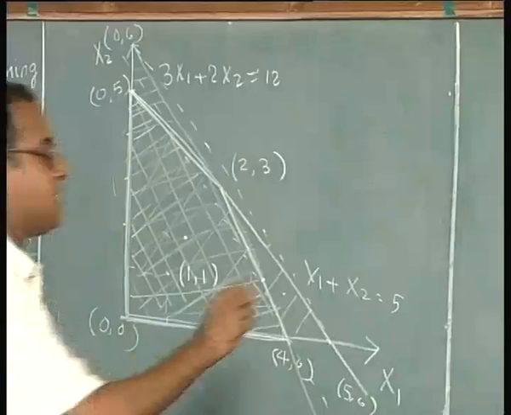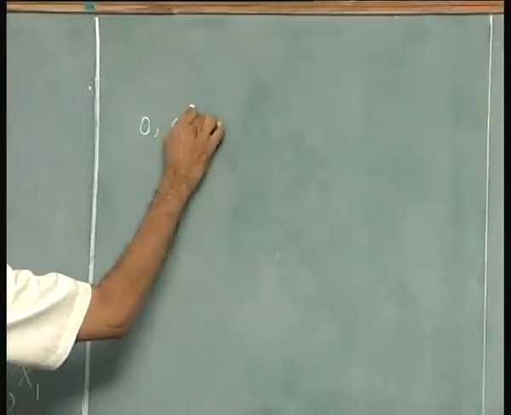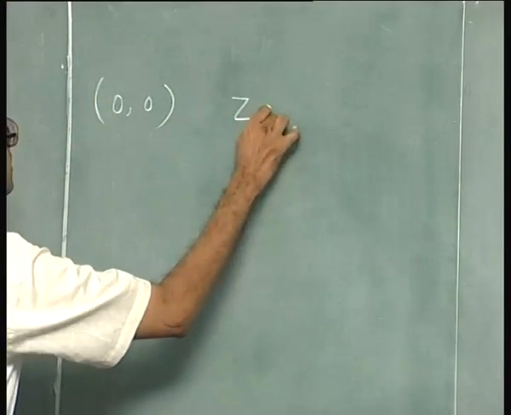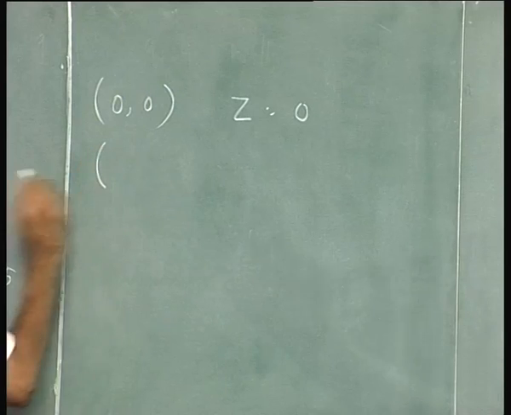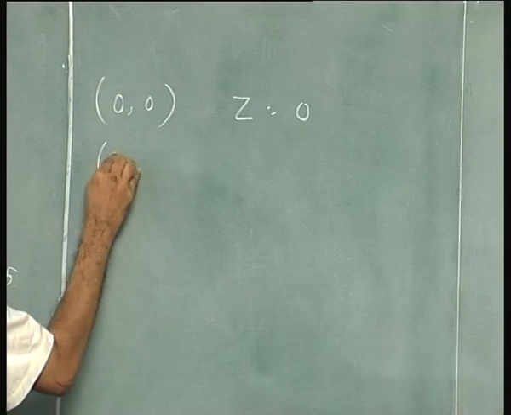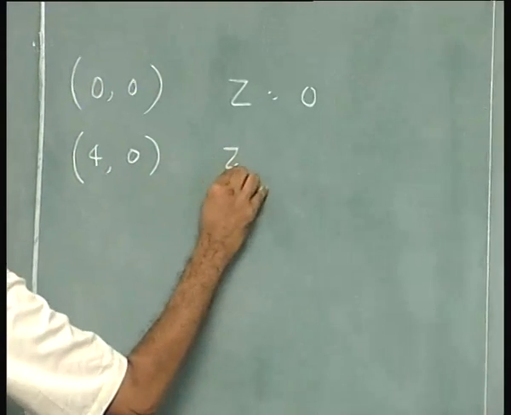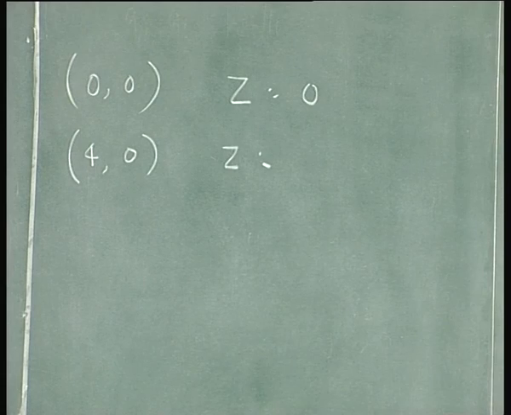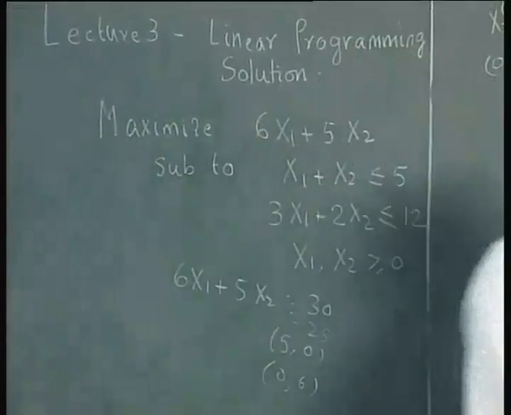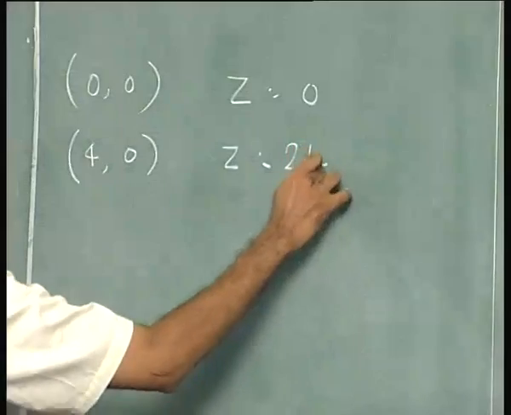Now, for the point 0 comma 0, the value of the objective function is 0. For the point 4 comma 0, the objective function value is 4 into 6 plus 5 into 0, which is 24.